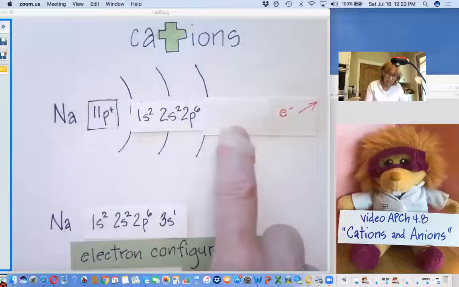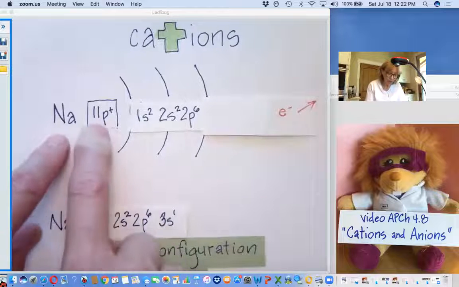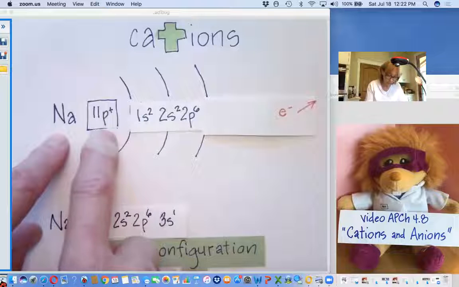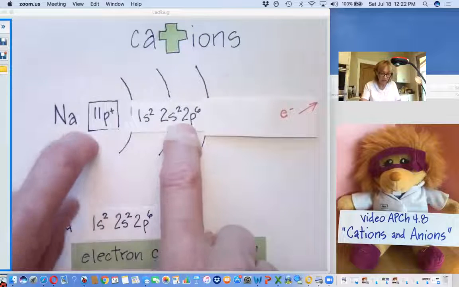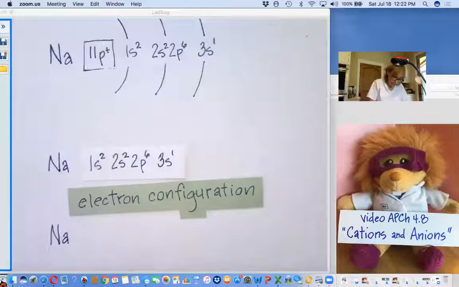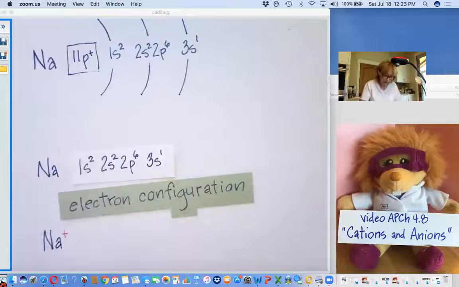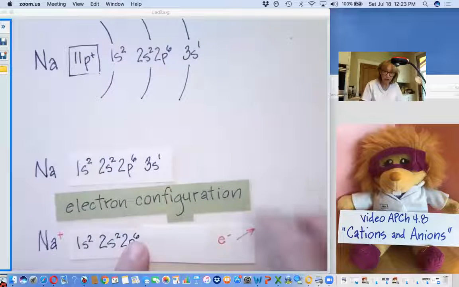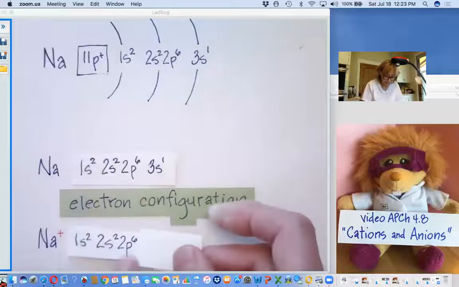If that happens, then we no longer have a neutral particle because while we still have 11 positive protons, we now have only 10 electrons. So that is now a sodium 1 plus cation. And this is the electron configuration for the ion.